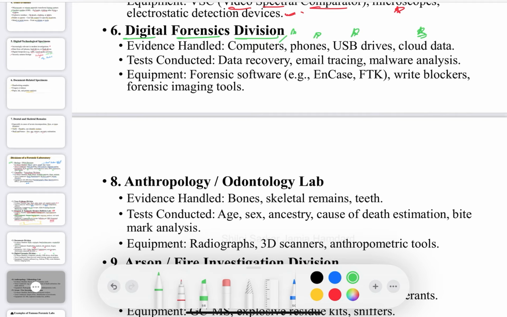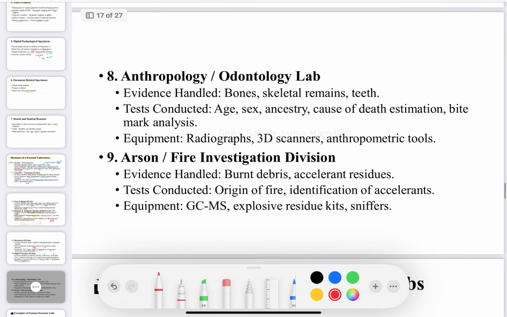Here we can use data science and data analytics. The tests conducted are data recovery, email tracing, and malware analysis. Equipment mainly used are software like EnCase and FTK, write blockers, and forensic imaging tools.